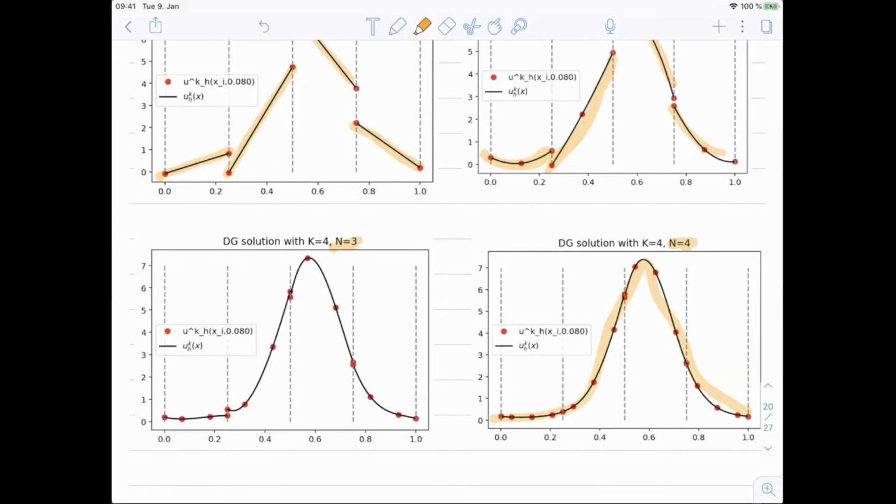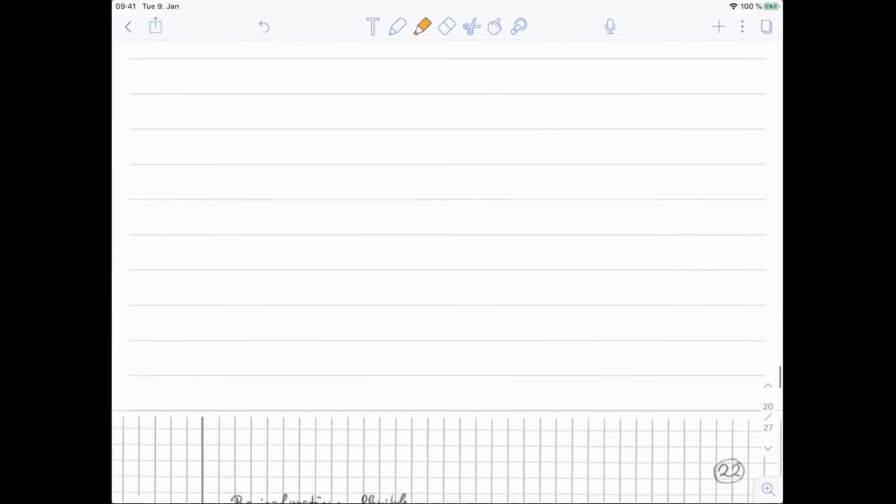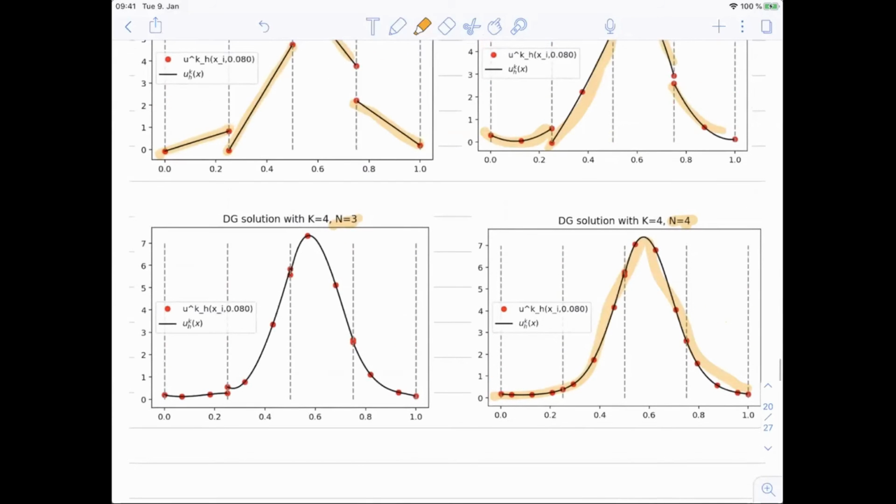So this is the underlying picture you should have of discontinuous Galerkin. We have separate elements, and in each element we have a separate basis function expansion, u_h^k(x) equals the sum over i of coefficients u_h^{k,i} times some basis functions psi_i(x).